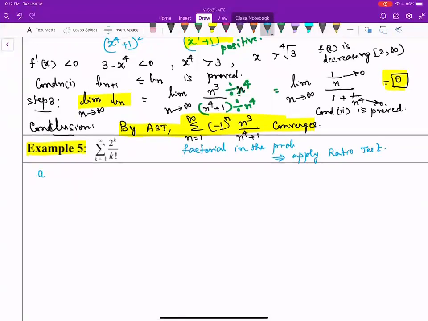So let's start with step 1. What test to apply? Apply ratio test.